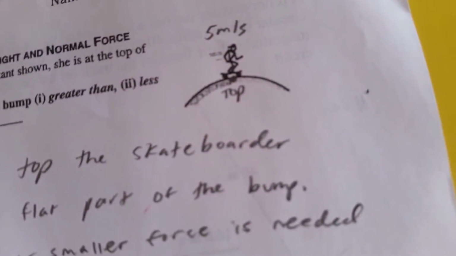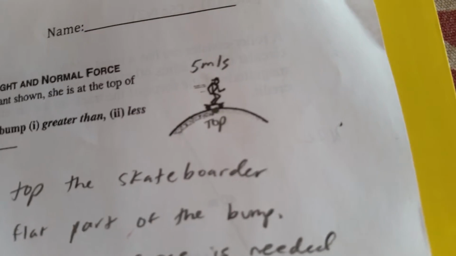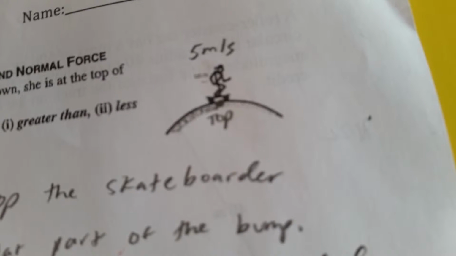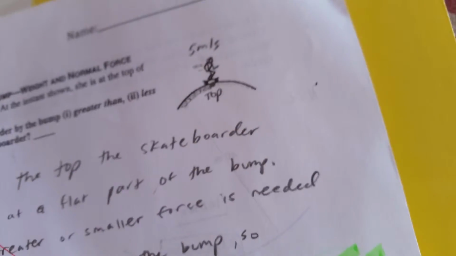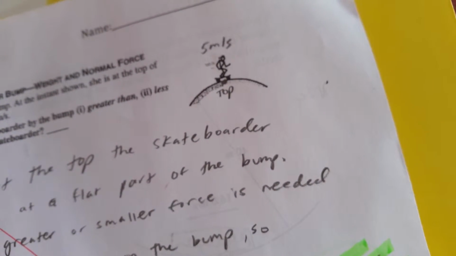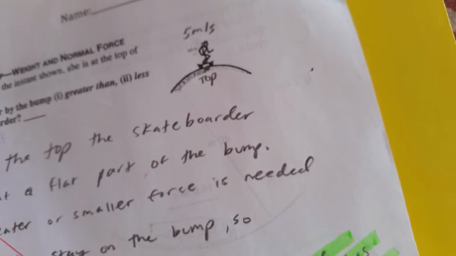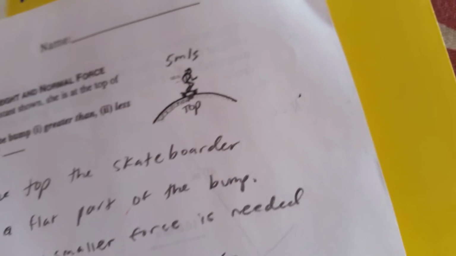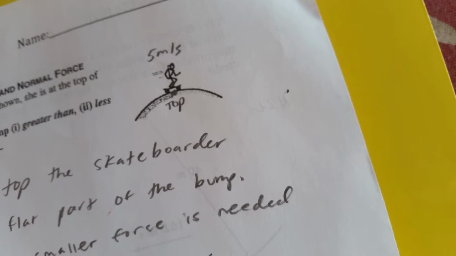So if it's asking about the force exerted on the skateboarder by the bump, that has to be less than the force of the skateboarder acting on the bump, because if the force of the skateboarder acting on the bump was greater, then that means the skateboarder would go into the air.